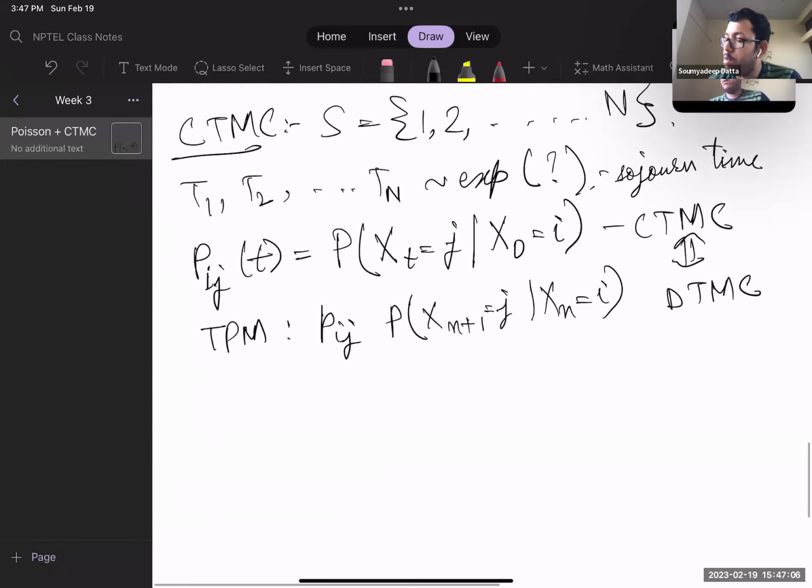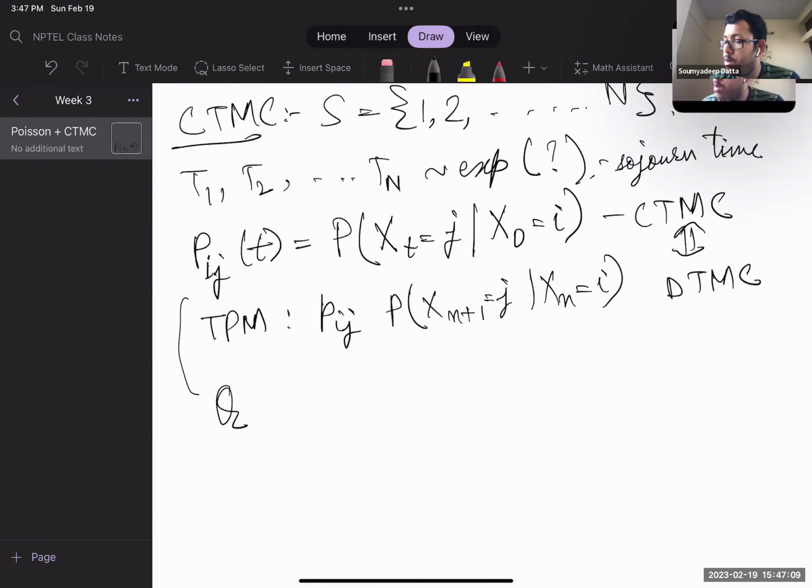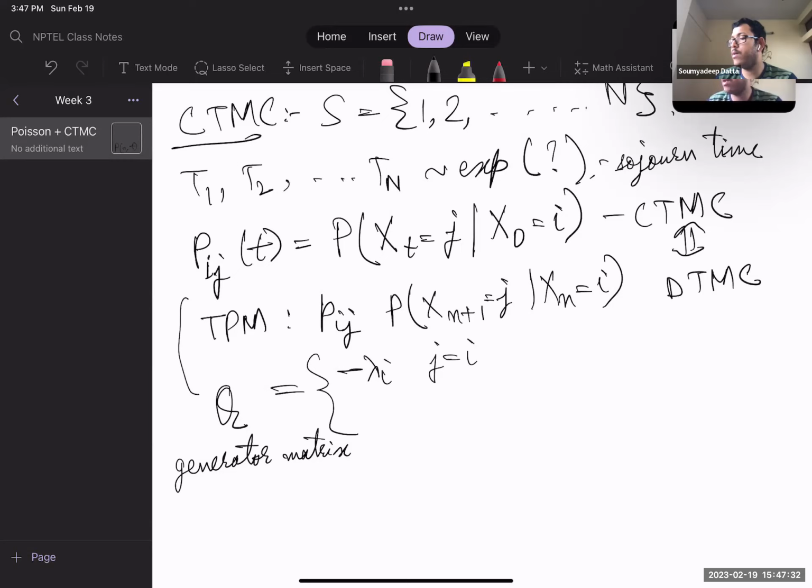And for continuous time Markov chains, you have a generator matrix Q. So Q is written as lambda i, minus lambda i if j is equal to i. That is analogous to the rate at which you leave the state you are in, so this is minus lambda i, the rate of a self transition into the same state.